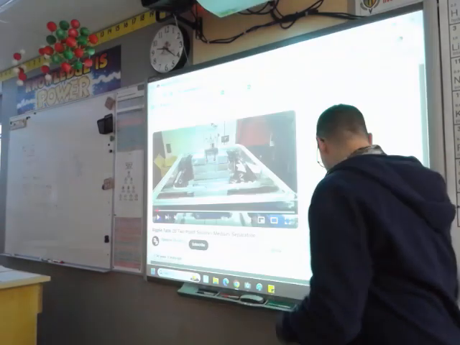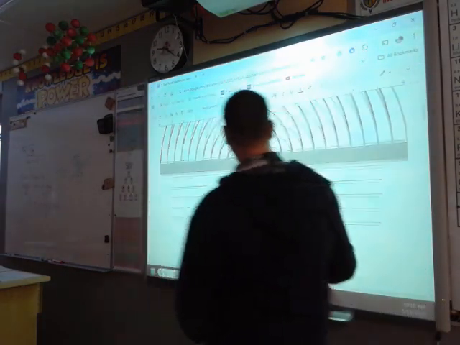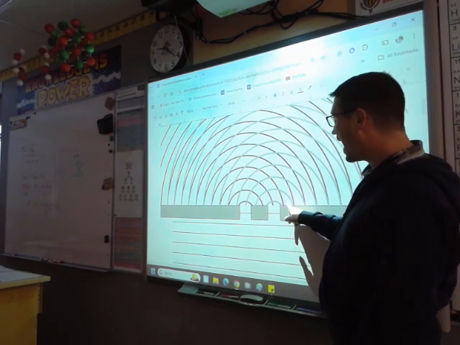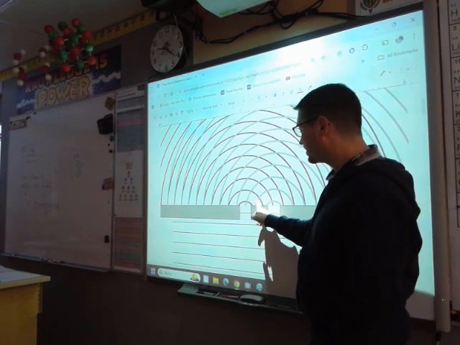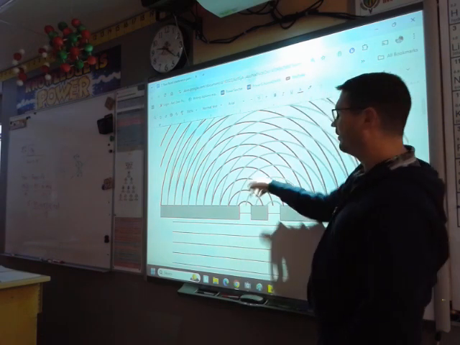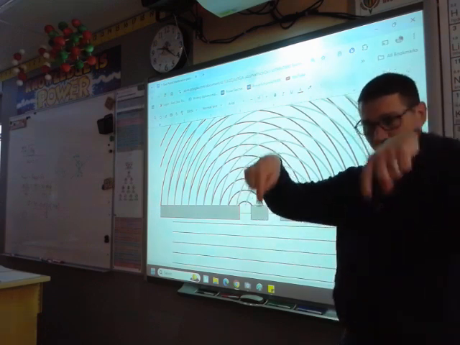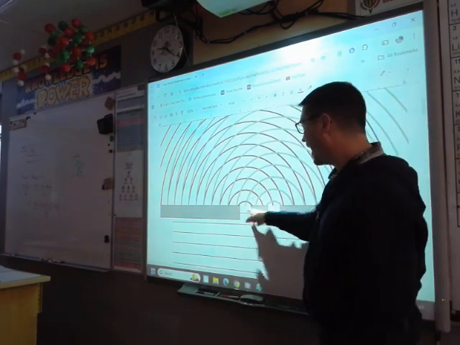Now, keep in mind here that you have crests and troughs interacting with crests and troughs from both of these 2 point sources. So the water table or the wave table is going to recreate this at these points.